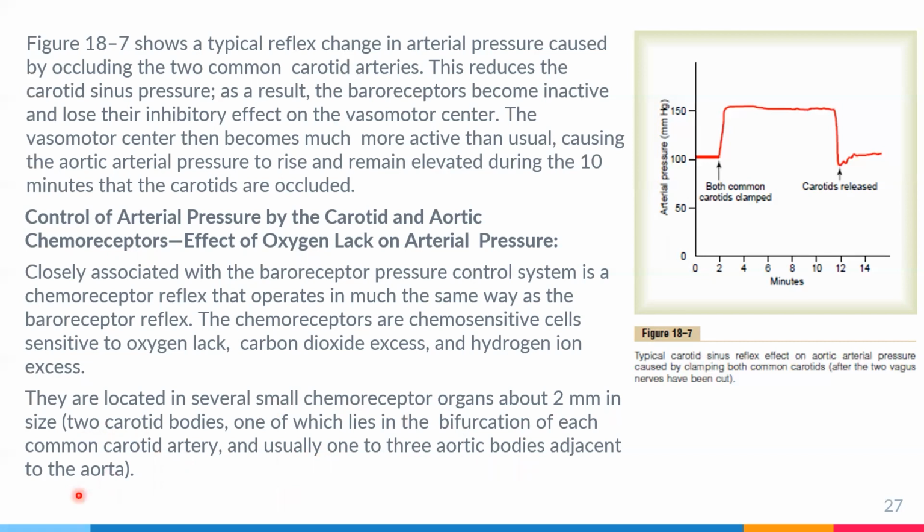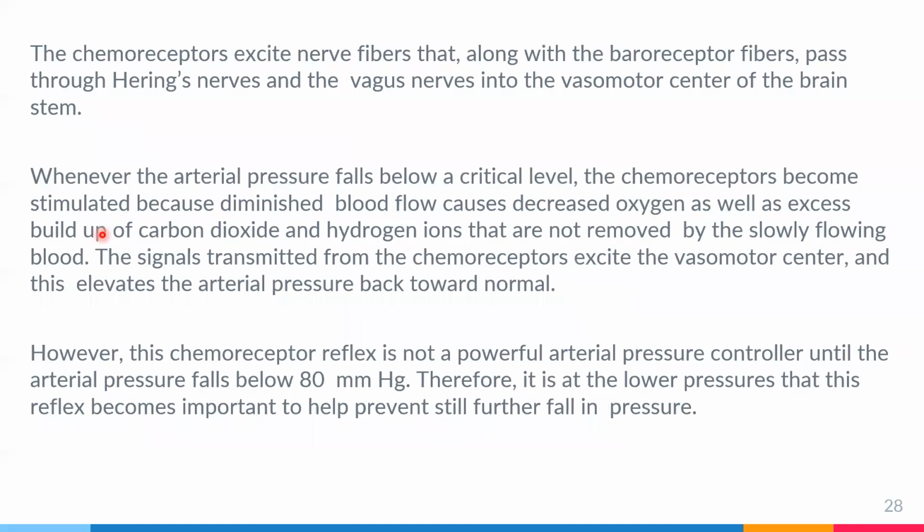So chemoreceptors are numerically much fewer than the baroreceptors and sense the chemical composition of the blood, being sensitive to oxygen, carbon dioxide, and hydrogen. The chemoreceptors excite nerve fibers that, along with the baroreceptor fibers, pass through Hering's nerve and the vagus nerve into the vasomotor center of the brainstem.